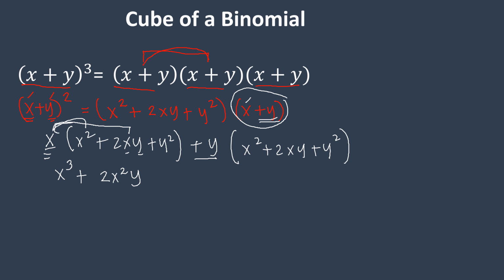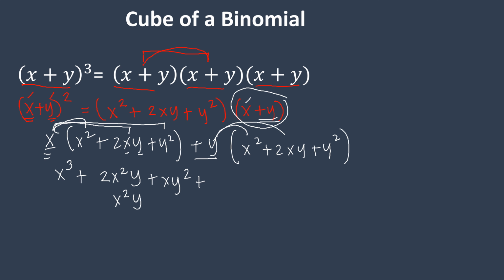Then x multiplied by y squared will be xy squared. Then the y times x squared will be written as x squared y. I am writing it in line because they are similar terms: the 2x squared y and the x squared y.